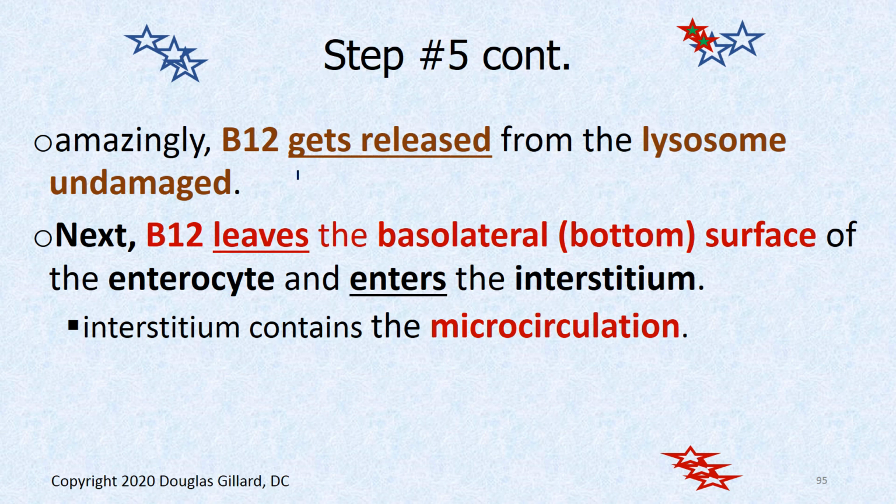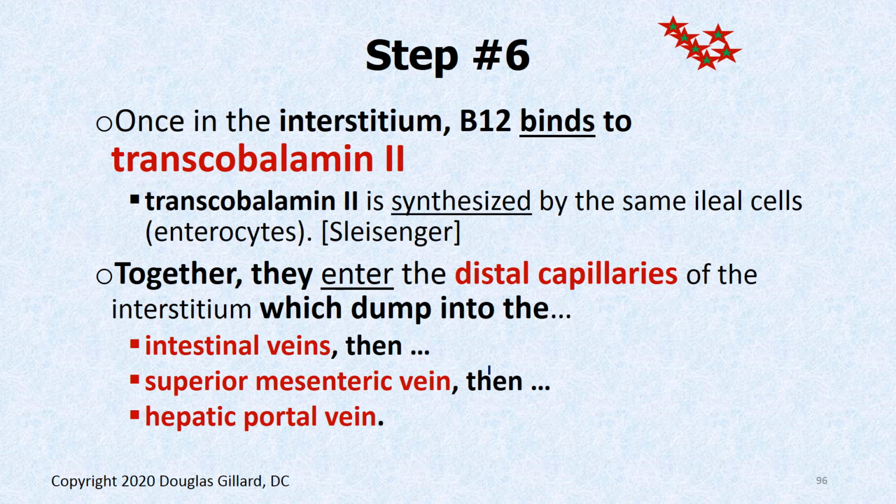And yeah, amazingly, B12 is not damaged. So next, B12 leaves the basolateral surface of the enterocyte and enters the interstitium. So it goes right through the cell, spit out the bottom of the cell into the interstitium, and now it's naked and afraid again. And B12 doesn't like to be naked and afraid.